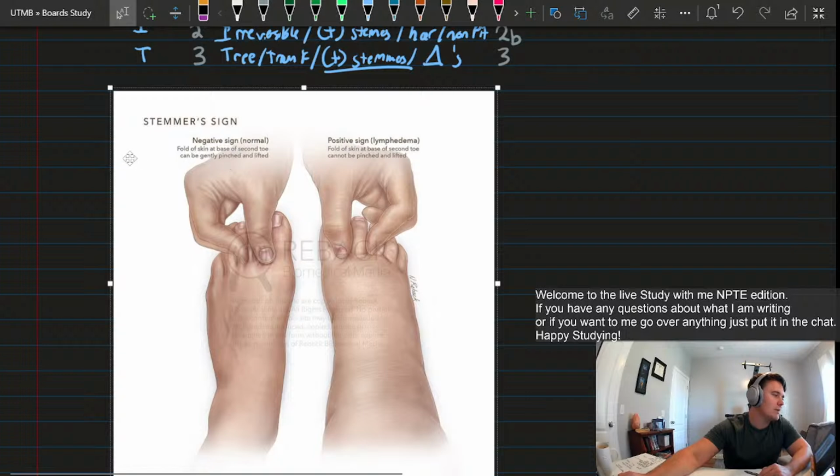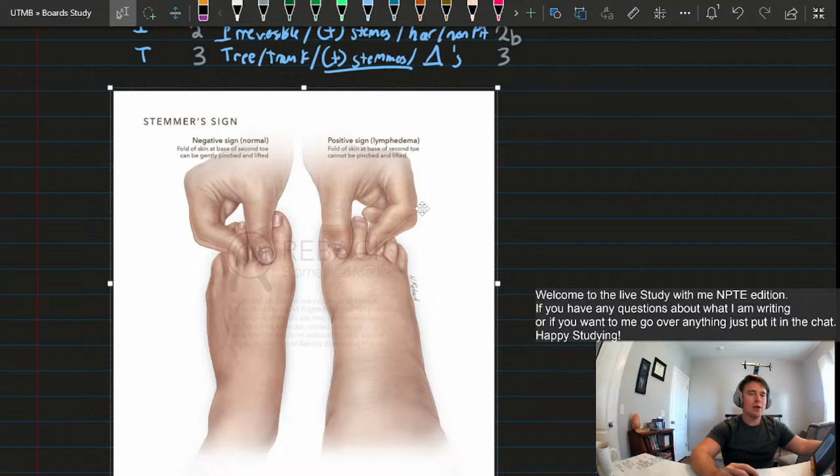You get a skin fold. A positive sign for lymphedema is when the skin at the base of the second toe cannot be pinched or lifted. If you cannot do that, that's a positive Stemmer sign, so you're going to give it a 2 or a 3. On the test, if it says positive Stemmer sign, again, you're going to have a 2 or a 3.